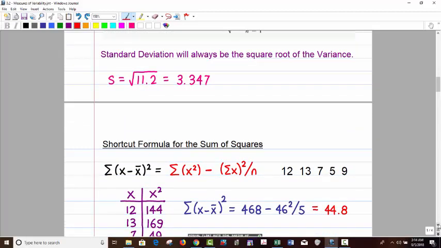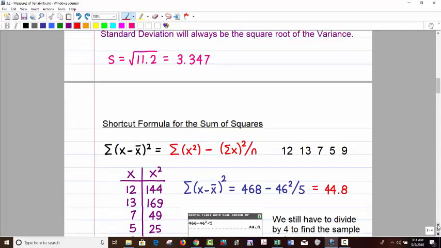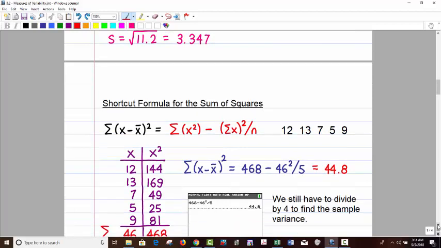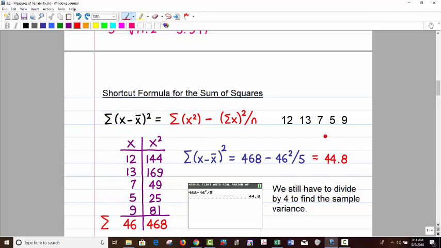Now this is called a shortcut formula, and you can use this one instead of doing all the deviations. It's up to you. Of course, if you've got a TI-84 or something that can do this, I'm going to show you how to do that in a minute too, and you don't have to use any of these formulas. I'm taking these same 5 numbers.